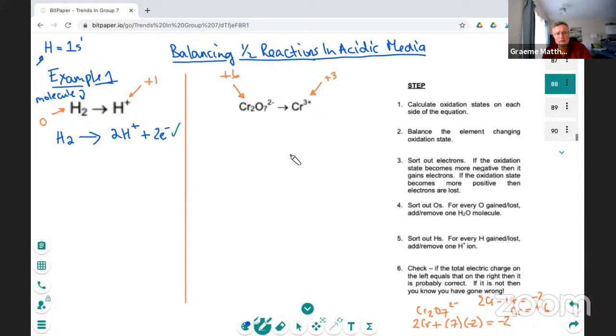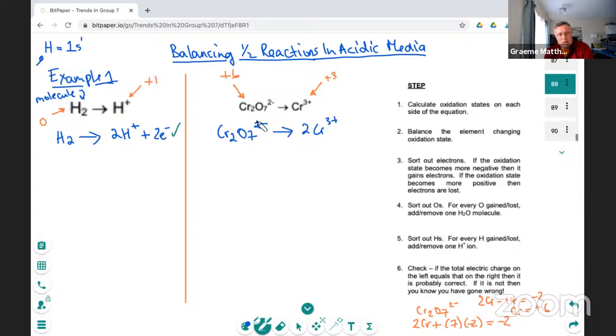So I've always got 2 chromiums on this side. We've got Cr2O7 2- arrow 2Cr3+, like this. Yes, balance the chromiums, the element changing oxidation state.